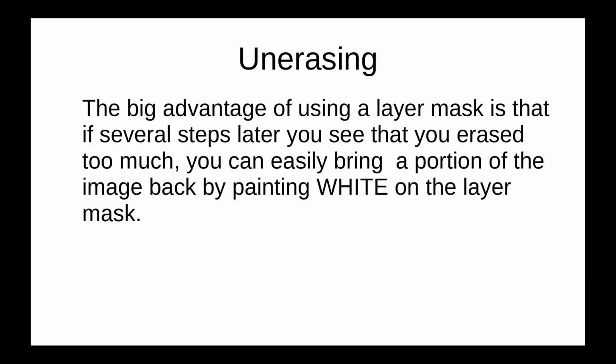The big advantage to using a layer mask is that if several steps later you see that you erased too much, you can easily bring back a portion of the image by painting white on the layer mask, as opposed to trying to undo like 25 steps. This is the reason we're using layer masks.